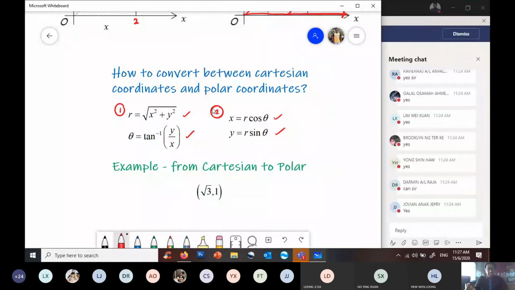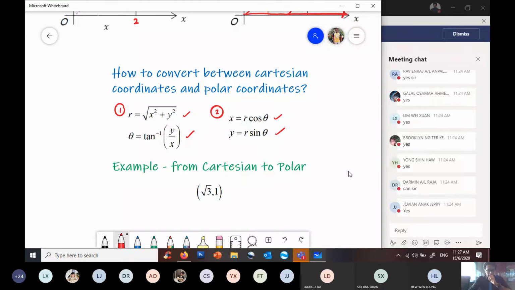Just keep in mind that you have four formulas to help you out, all relating x, y to r, theta. Depending on the case, you might want to use one, two, or both. I can't really say unless we have a particular question.